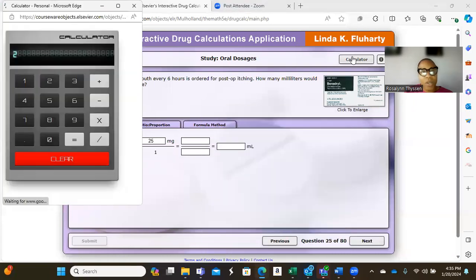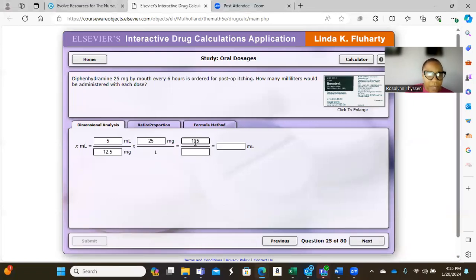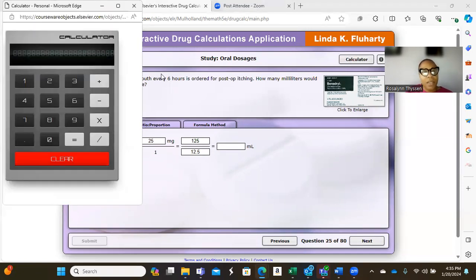Now I just multiply straight across. 25 times 5, and that's 125. And then 12.5 times 1 is 12.5. So now I just divide 125.